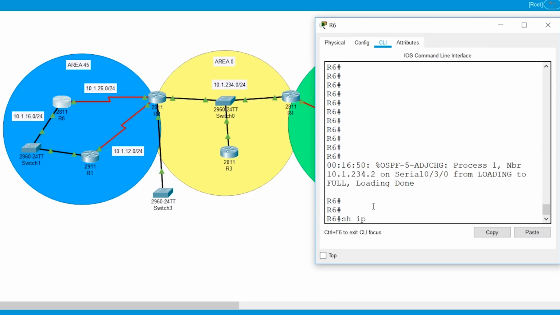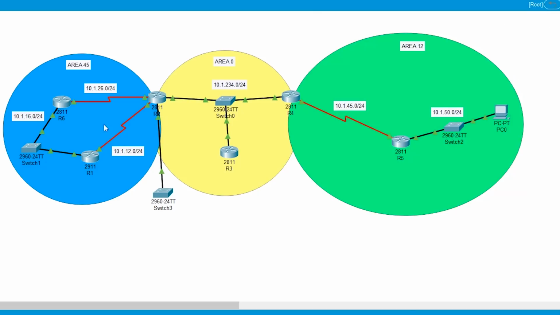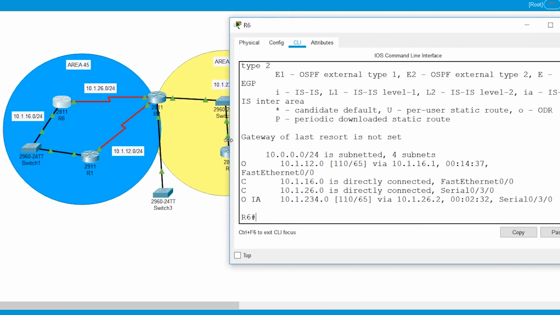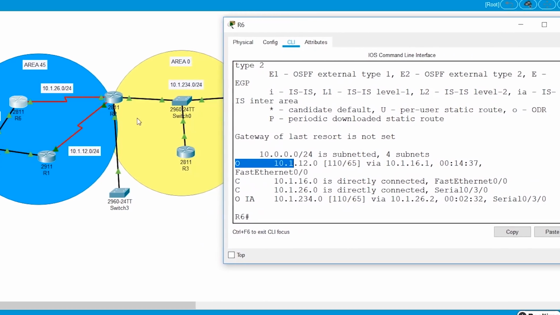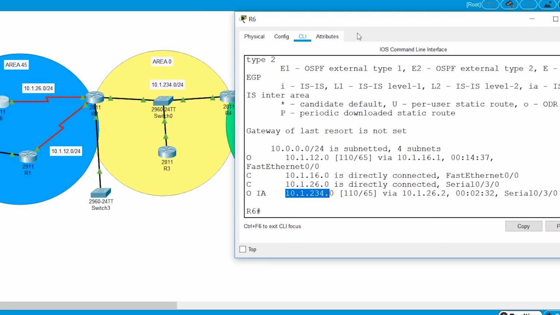Will the routing table have that network in OSPF? Let's see that. Let me expand this a little bit. We see that it has learned 1.12, which is this network that it is not connected to, which is expected. And then it has learned 1.234, again something it should learn.